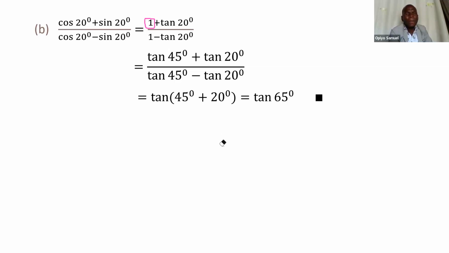And from compound angle identities, tan of 45 plus tan 20 over tan 45 minus tan 20 is the same as the tangent of the sum of the angles. So we just sum 45 and 20 to give us the result, tan of 65. So that is for part B.